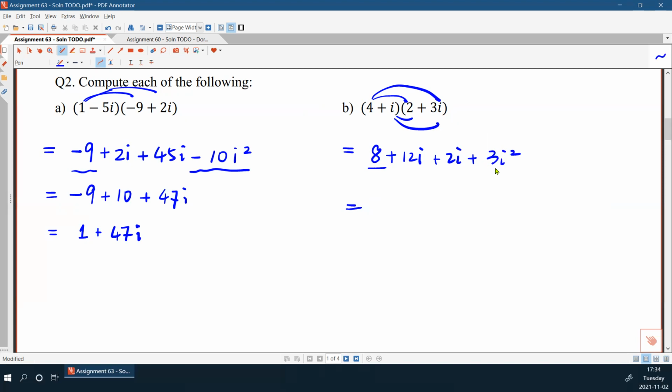Okay, then we can combine the real part, which is 8 minus 3, right? Then combine the imaginary part, which is 14i. So the final result is 5 plus 14i. Okay, please have a look at this and let me know if you have any questions.